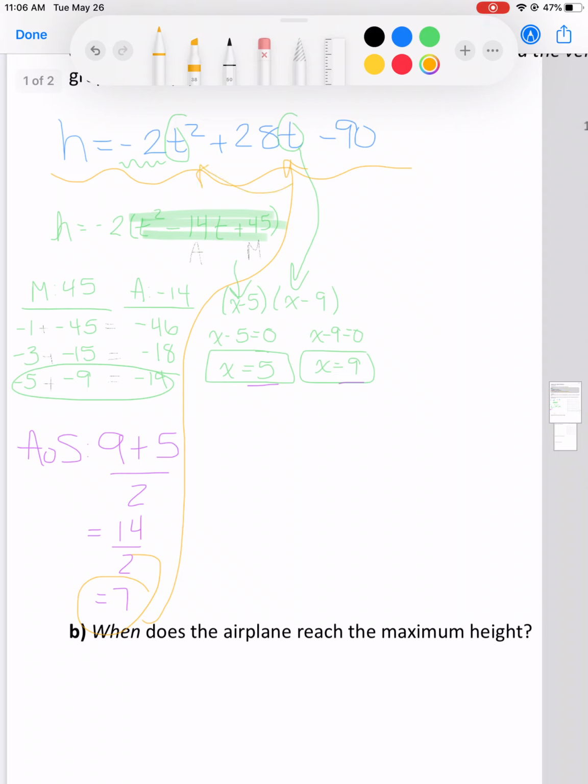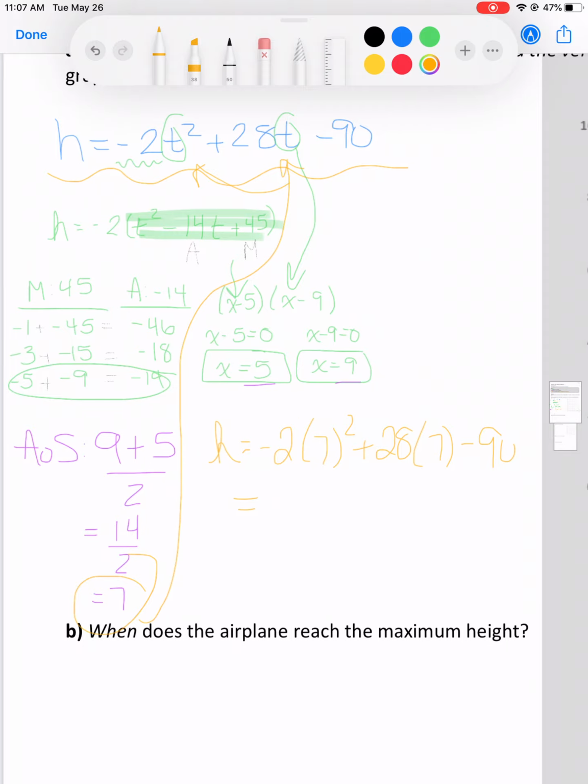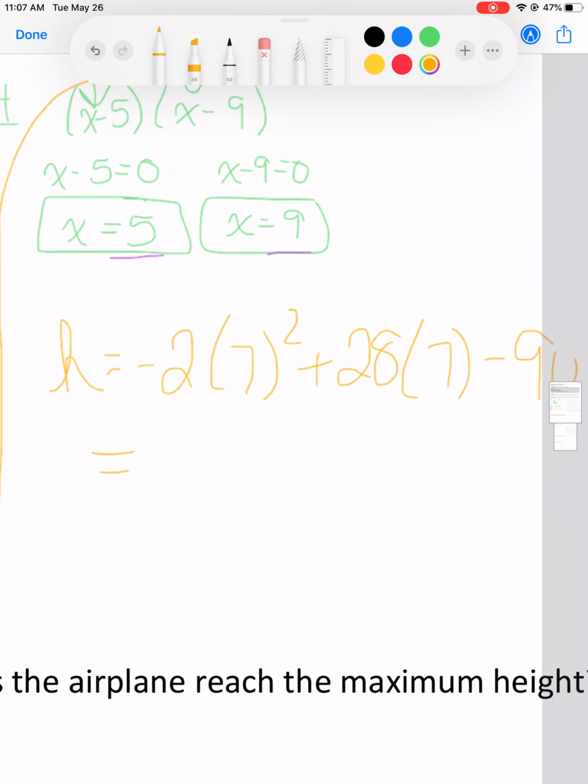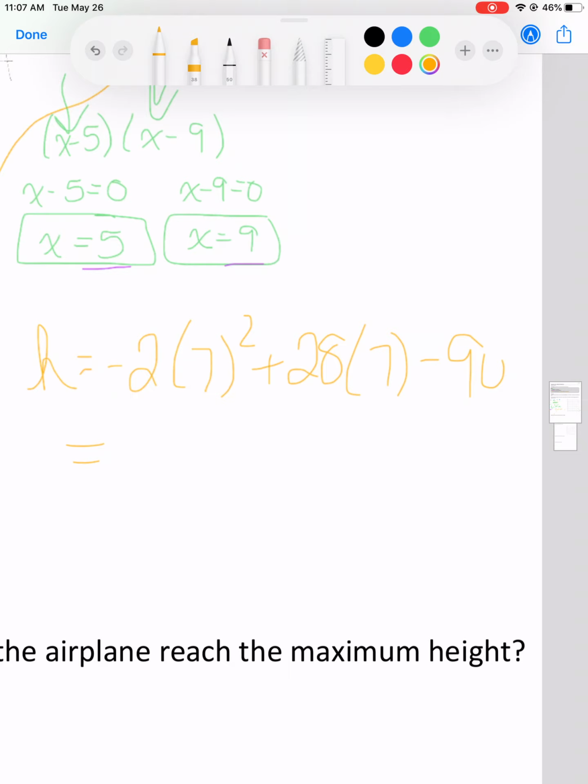And so, h is equal to negative 2 times 7 squared, plus 28 times 7, minus 90. Okay, remember BEDMAS. Exponents first. We have to do this first.